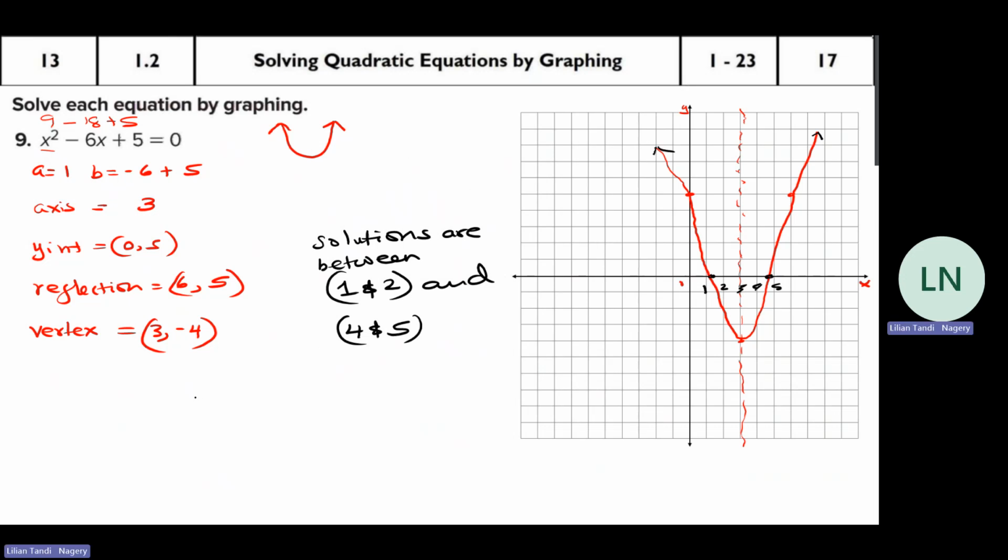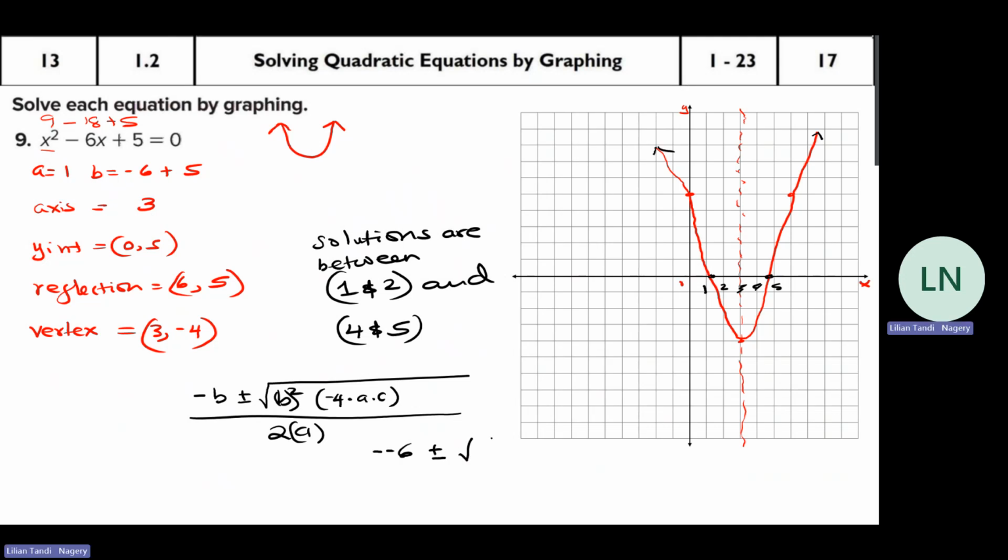Now, you can do quadratic formula. -b plus or minus the square root of b squared, bracket, -4 times a times c. Don't forget your bracket. Over 2a. -b becomes +6. -6 plus or minus -6 squared minus 4 times 1 times 5, over 2 times 1.